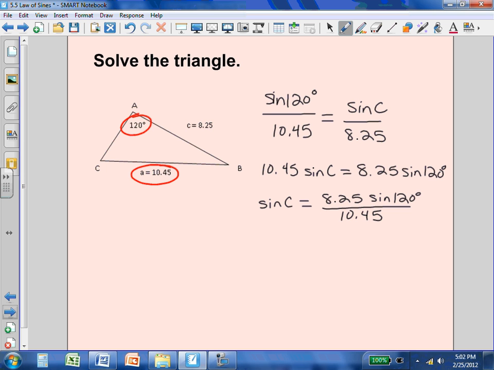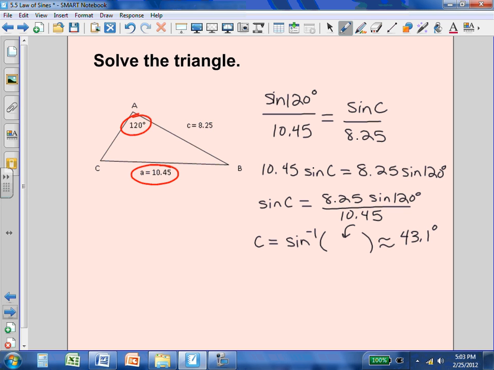Now when you type that right side into your calculator, you're going to have a decimal, and that's the sine of your angle. Therefore, you're going to use your calculator to calculate angle C for you by asking it what angle has that sine value. So you'll take the decimal that you just got from that fraction on the right-hand side, input it into the inverse sine, and you should end up, as long as you're in degree mode, and we'll be in degree mode this whole time, with 43.1 degrees for angle C.